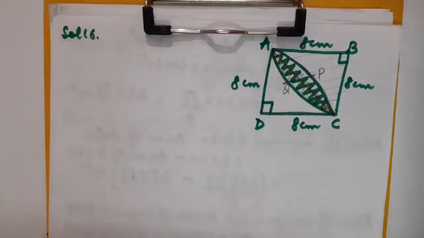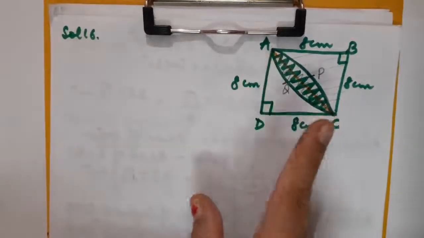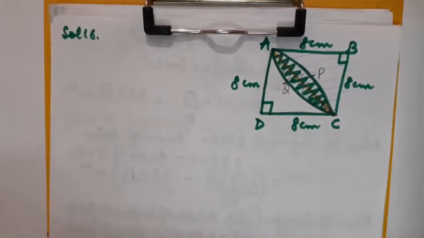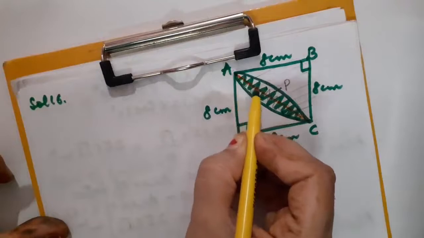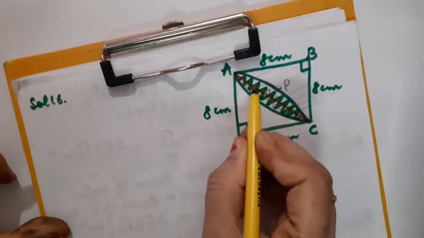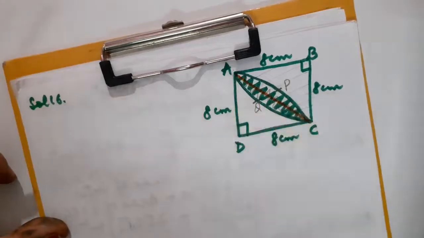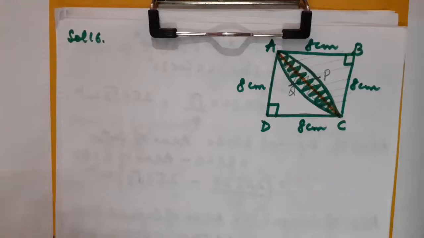So children, what I am going to do, I am going to divide this design in two parts. How? You can see that I have drawn an orange line. I am just going to darken it so that it will be better visible to you. I am just going to divide this design in two parts in such a way so that it will be divided into segments actually. Now how? Please be alert.